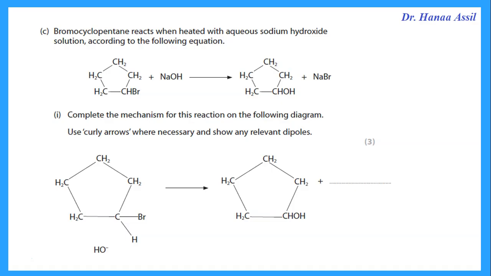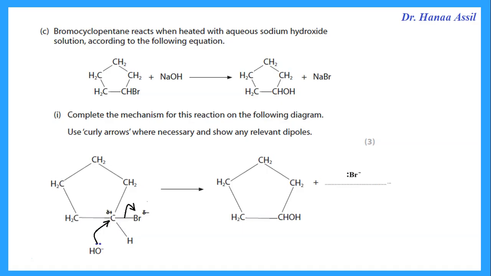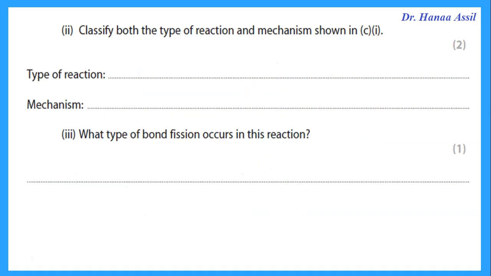Remember, this is what is written, so we need to include the lone pair of electrons on the OH, a curly arrow from the lone pair of electrons on the OH minus to the slightly positive carbon. The electrons between the carbon and the Br go to the slightly negative Br, forming that product. And of course, my other product is Br minus with its lone pair of electrons.